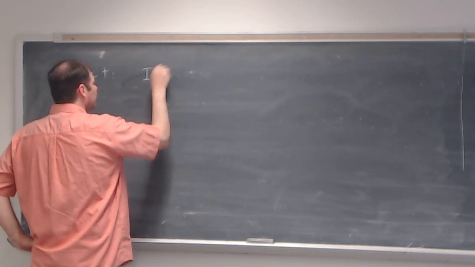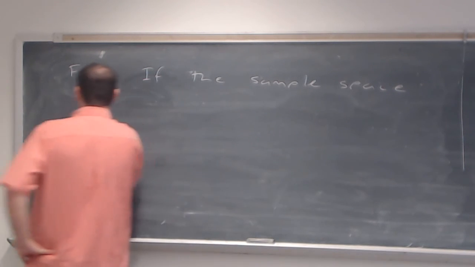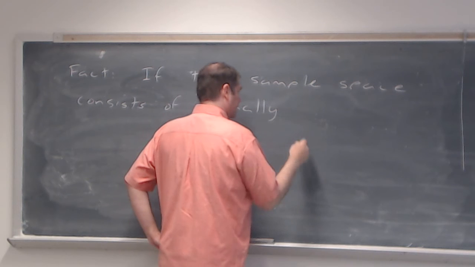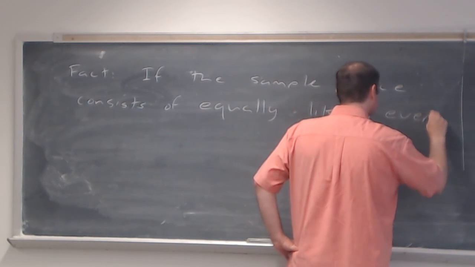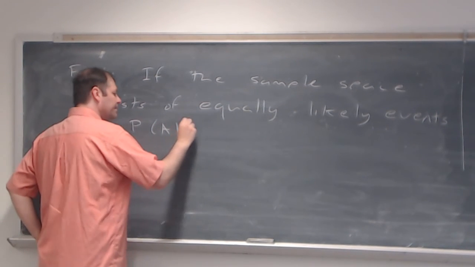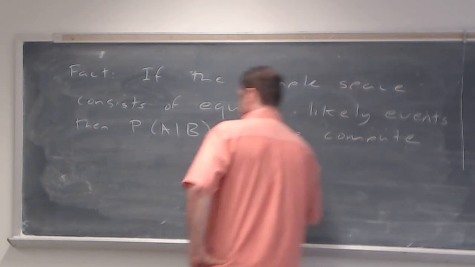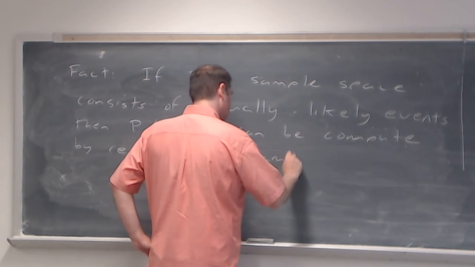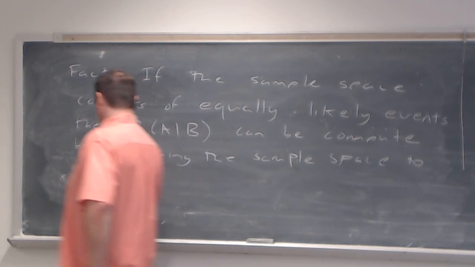It says, if the sample space consists of equally likely events, and that's all we look at in our examples for conditional probability, then the probability of A given B, the conditional probability, can be computed by reducing the sample space to only events where B occurred.